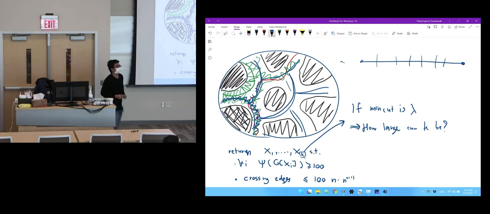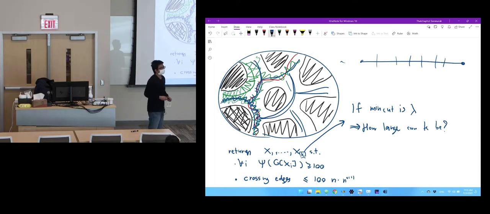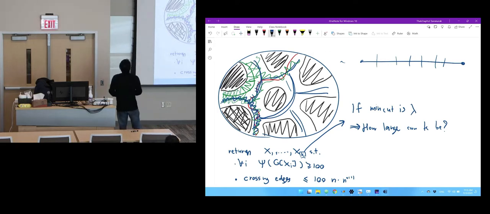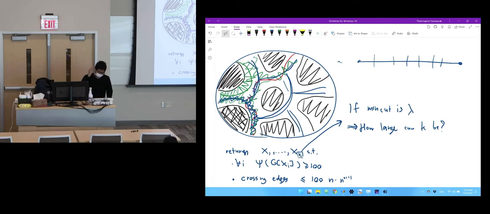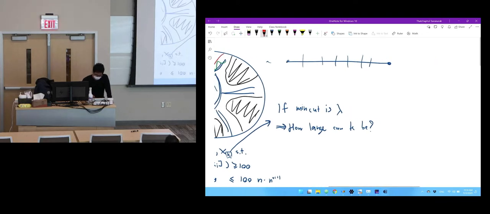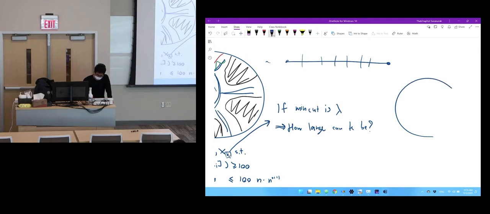Basically, the idea is that if there are too many clusters, you can just pick out one whole cluster. Yeah, right. So let's try to see this. First of all, let me just draw again here.